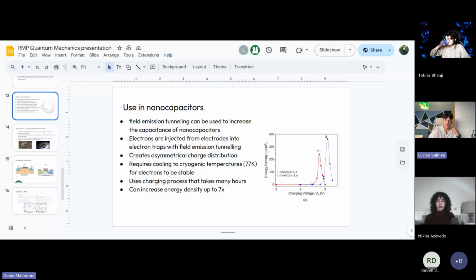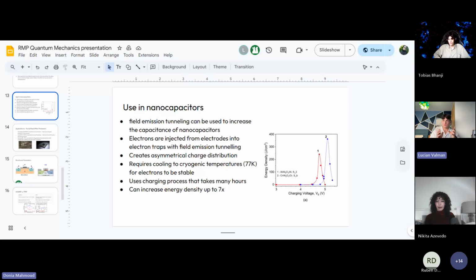And you can see on the right a graph of energy density depending on the voltage at which it's charged. These are shown for two different materials. Where the peaks are is where the field is strong enough for electrons to tunnel into the dielectric from the electrodes, but only into the region around the electrode, which means there's an asymmetric charge distribution.